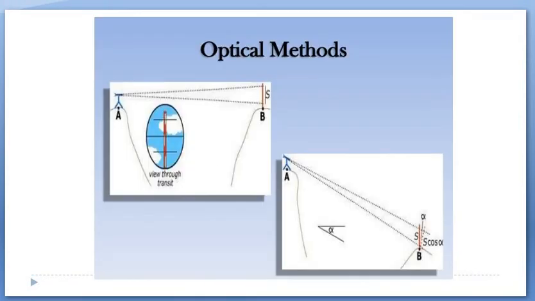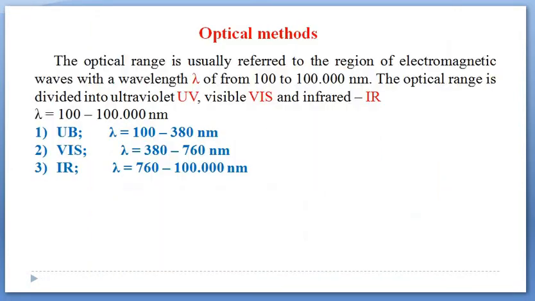Optical methods. The optical range is usually referred to the region of electromagnetic waves with a wavelength lambda from 100 to 100,000 nanometers. The optical range is divided into ultraviolet, visible, and infrared.